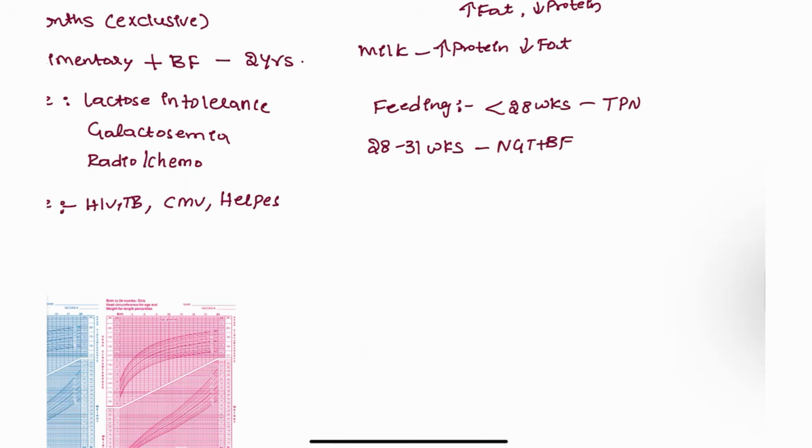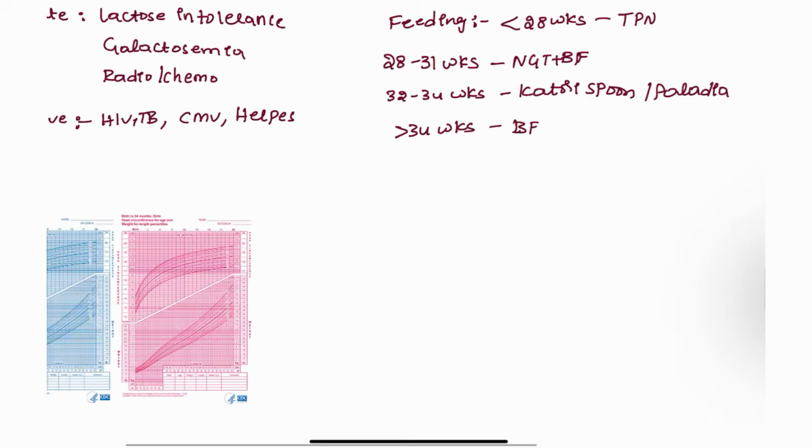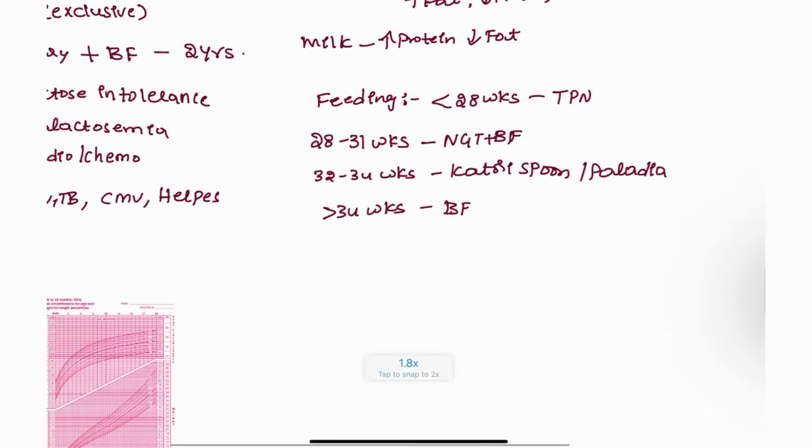Next, 32 to 34 weeks, katori spoon or paladai will be used. Next, more than 34 weeks, the sucking reflex will be normal. Then it is going to be breastfeeding only, via oral breastfeeding for the baby. That is another feeding pattern that you have to remember.